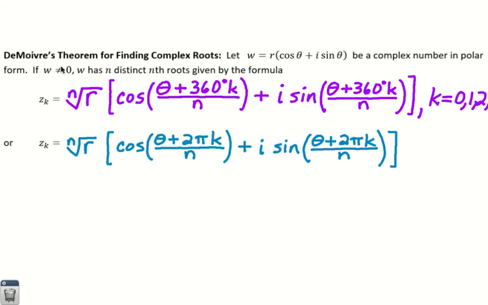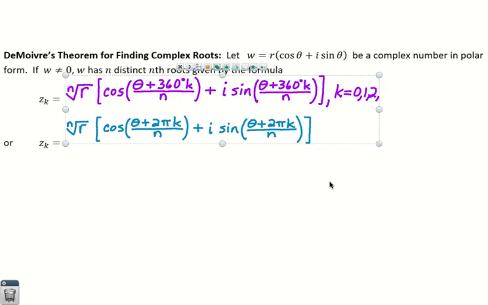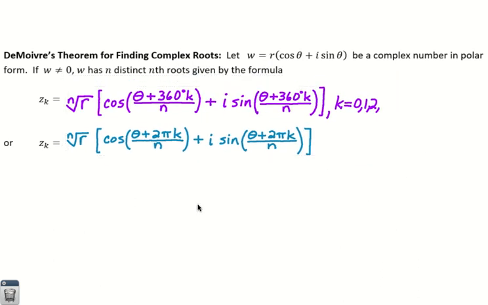In fact, I don't want to leave it just like that. Let's write that a little nicer. So for k equals 0, 1, 2, 3, dot, dot, dot, until you get to n minus 1, because we're starting with 0.